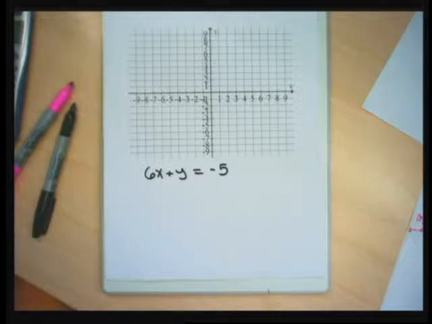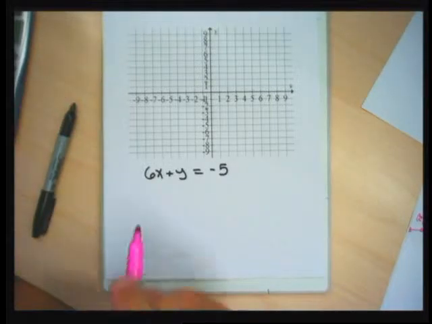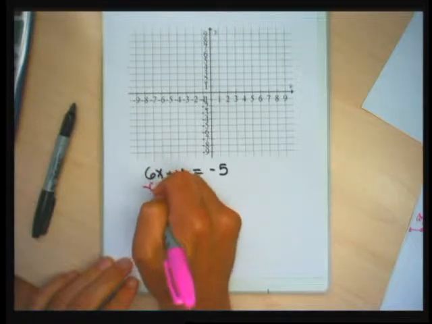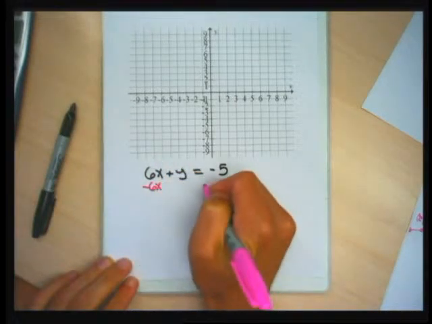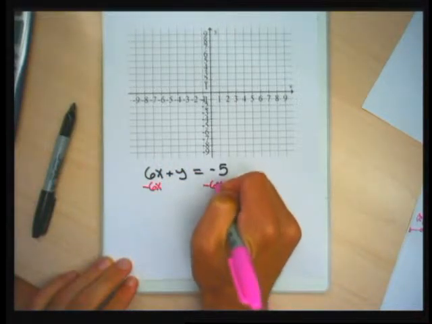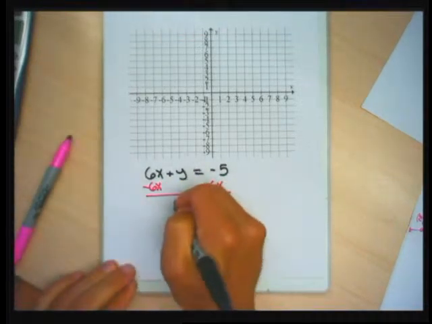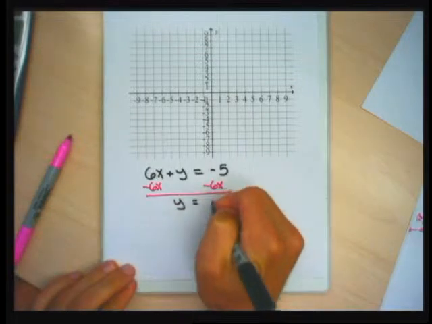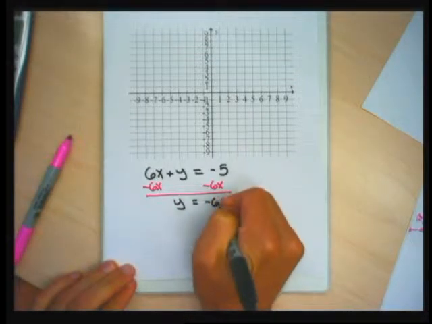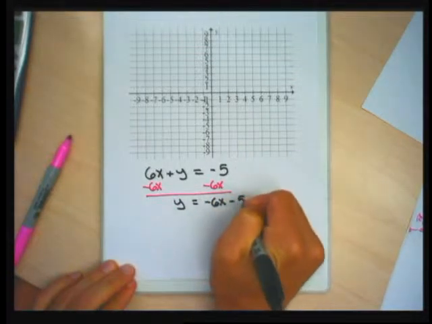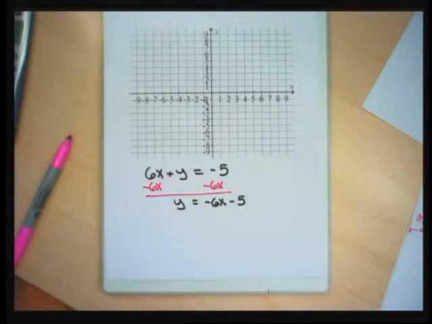I can only tell you what the slope and the y-intercept of a line is without having to do algebra if the equation is solved for y. So for this problem, because the equation is not solved for y, I don't know what the slope is. If I just did a little bit of rewriting by subtracting 6x from both sides, I can rewrite the problem so that I can tell you what the slope and the y-intercept are.